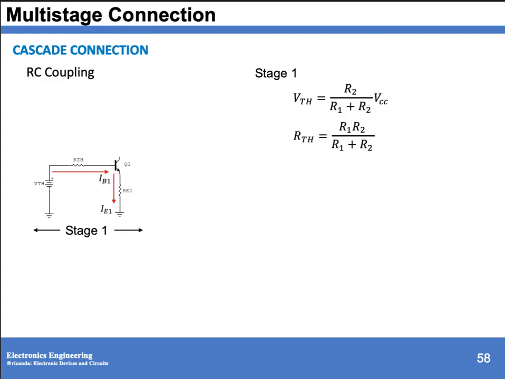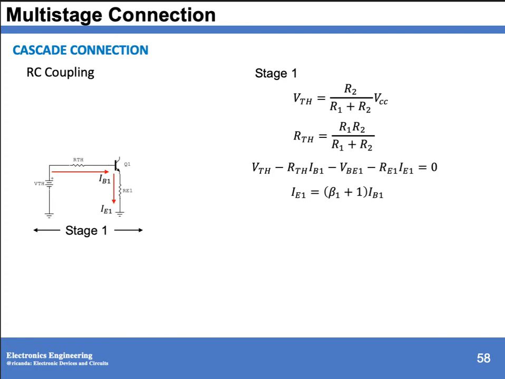Applying KVL at the loop of the transistor at the input side: VTH minus RTH IB1 minus VBE1 minus RE1 IE1 equals 0. We express IE in terms of IB, so IE1 equals (beta 1 plus 1) times IB1.